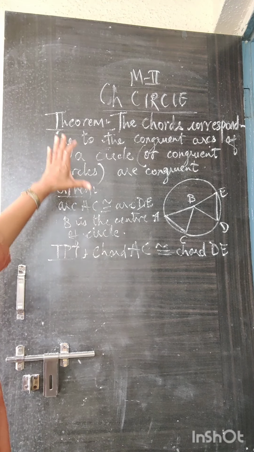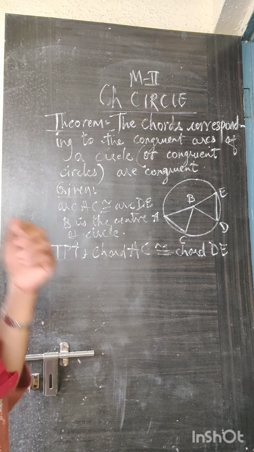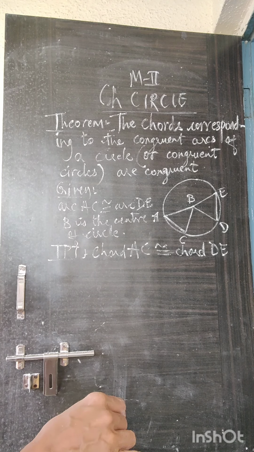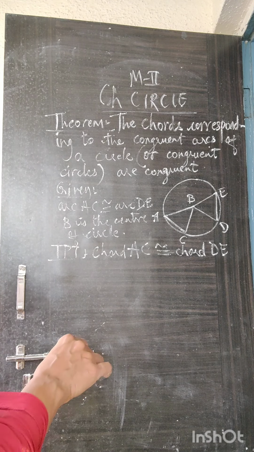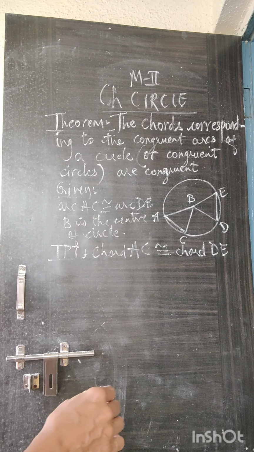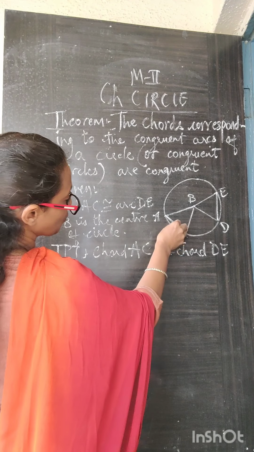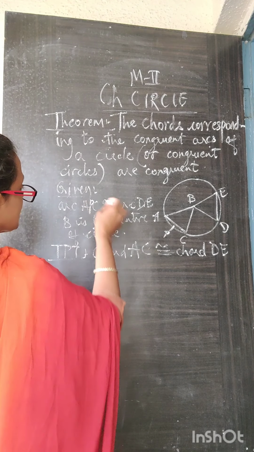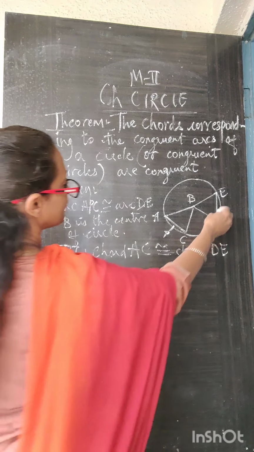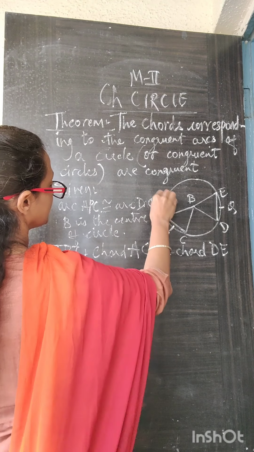Once you understand what is given and what we have to prove, we can concentrate on the proof. So take down this much and try to understand what we have written. Instead of just saying AC, we can also put one more point here, and then we can say arc APC. And if I take point Q over here, I can call it arc DQE.